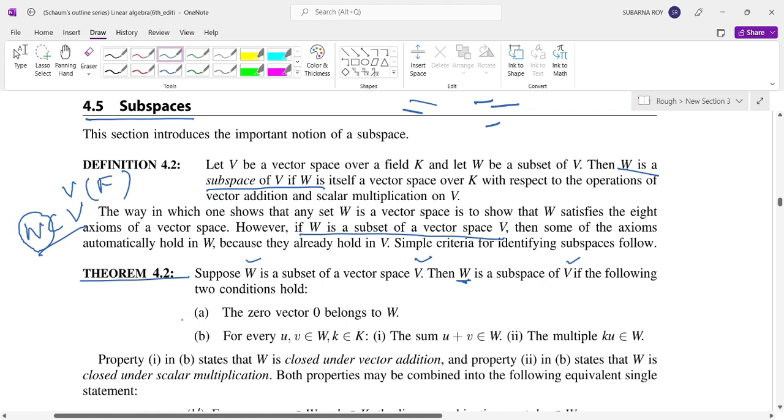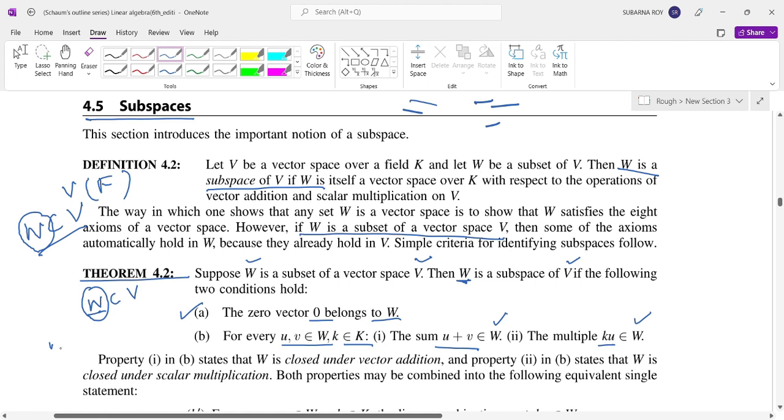First of all, the zero vector belongs to W, and for every u, v belonging to W and k belonging to the field, the sum u plus v is contained in W and the scalar multiplication ku is contained in W. So whenever you are given a subset of a vector space V and asked to show that W is a subspace, you have to check these two properties.